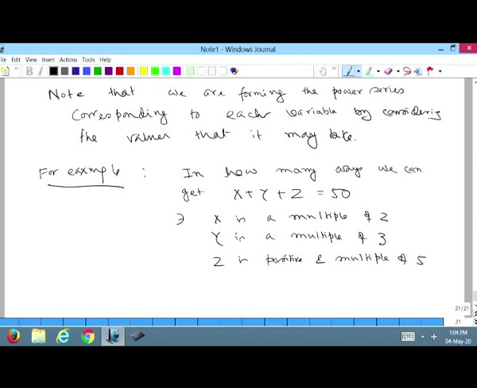We are not told whether x and y are positive, therefore x and y can take the value 0 also.